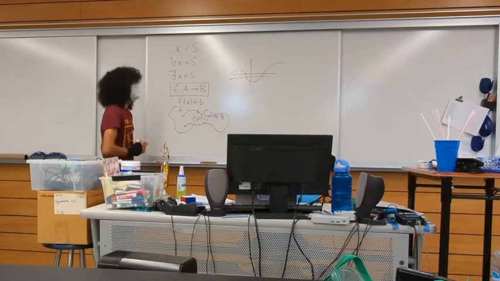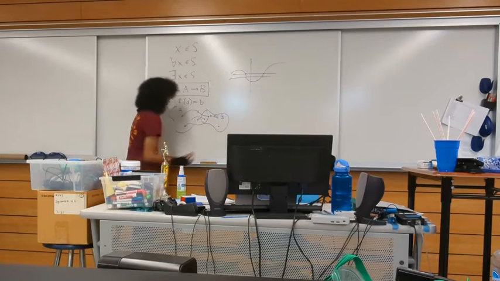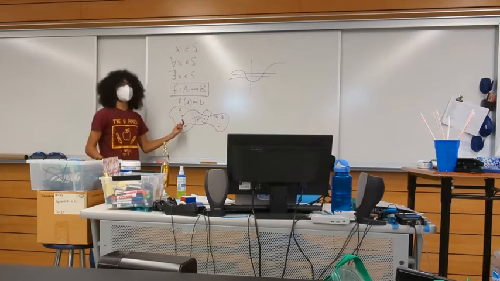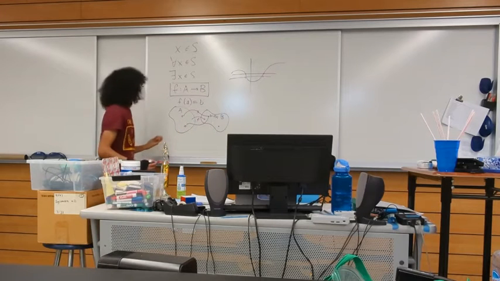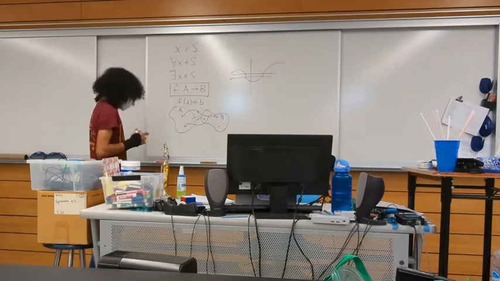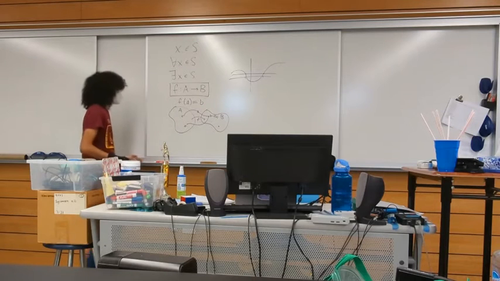Another thing that would be bad is if there was an element of the range that was not a value of f at all, because then it just has nowhere to go back to. So these are the 2 things we want for a function f to be what we call invertible.